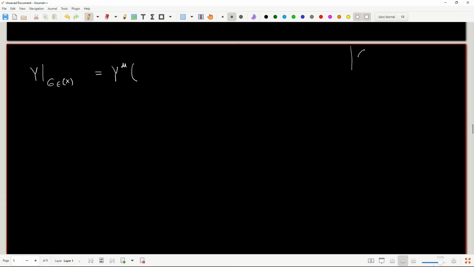Because what does this sigma do from x? It takes you from x to x prime, which was just x plus epsilon capital X. And if you give the components, it looks like this. Okay. So now this is y, the component of the vector y, but at a point like this.